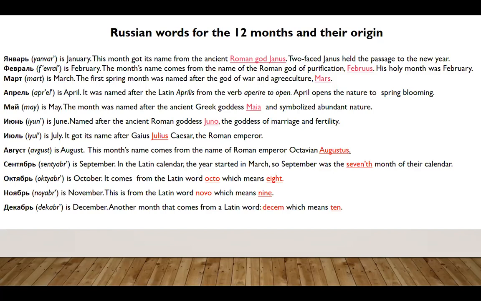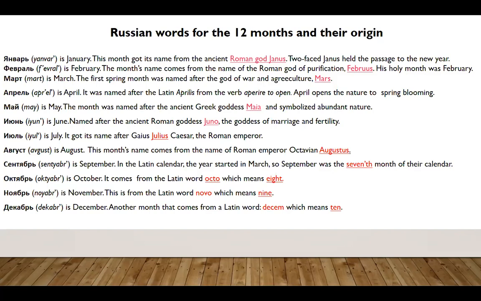September was the 7th month of the Latin calendar, because in their calendar, the year started in March. So counting from March, September was number 7.